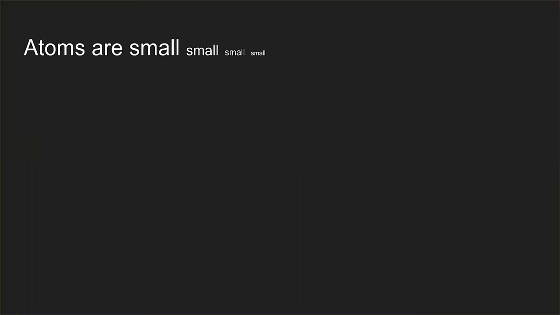So remember that atoms are small. They're super, super small. We almost can't even get a grasp on what that means. They're so small that the human brain really doesn't have any scale to think about that. Think about it. There's 1 billion atoms across the head of a pin.